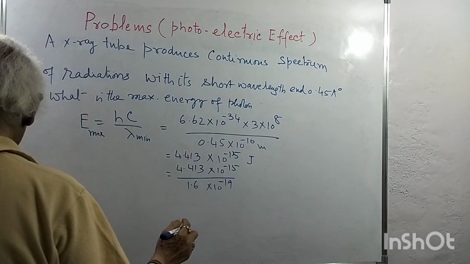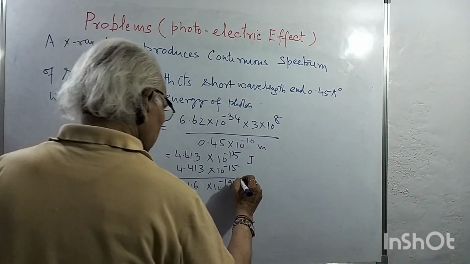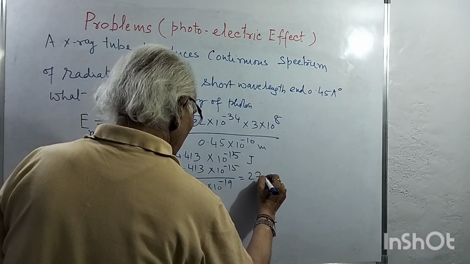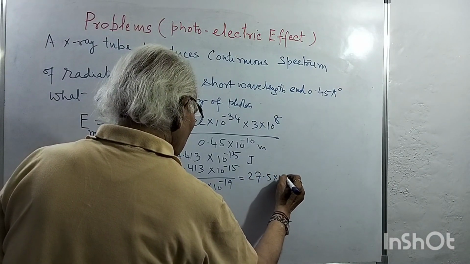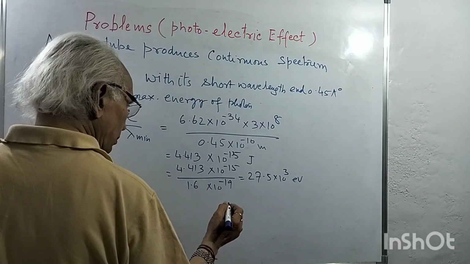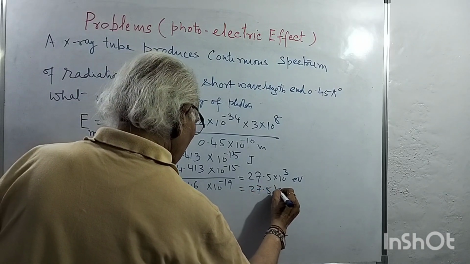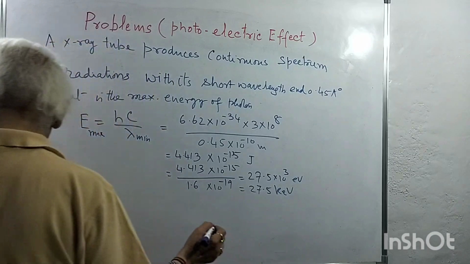And this is how much? 27.5 into 10 to the power 3 eV, or 27.5 keV, kilo electron volt.